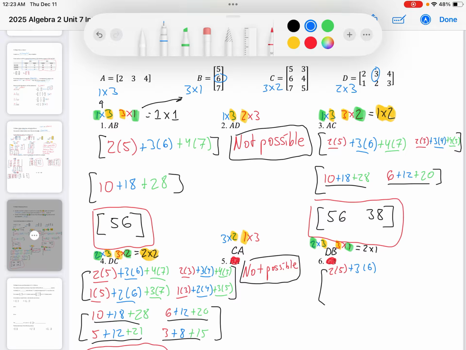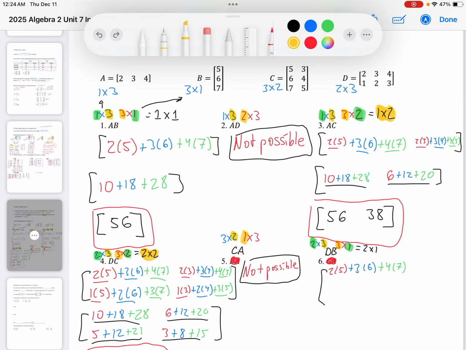And finally, we would do the next number in the first row of matrix D times the last number in matrix B. So we would do 4 times 7. Because again, the whole idea is that we are working through the first row of matrix D times these numbers in the column for matrix B. And so we have these three things to be multiplying together.